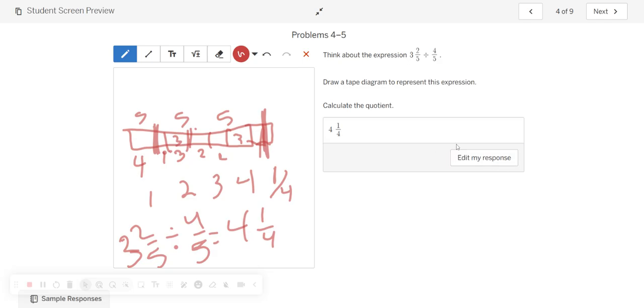Hopefully that works out when I go to check my review screen. Double checking real quick. Yes. And so I go on to the next one.